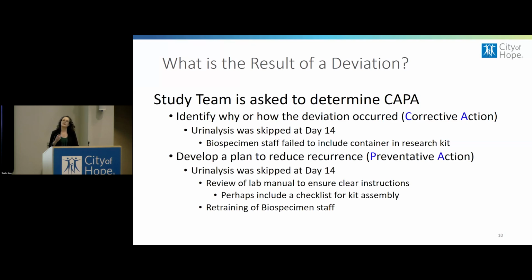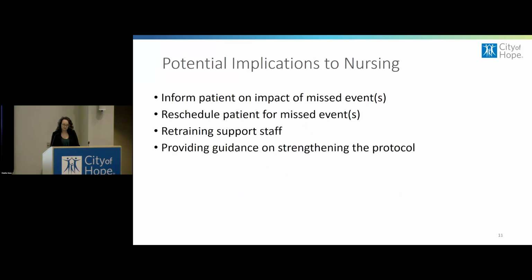And these tend to be concrete steps that we need to take. It's not just a general statement of, staff will be retrained. There needs to be some kind of action taken within the explanation.